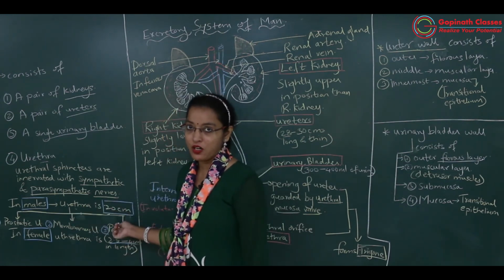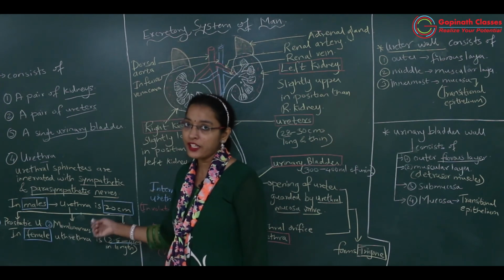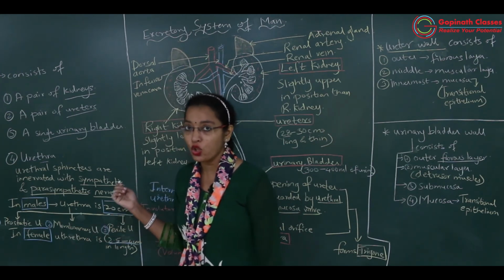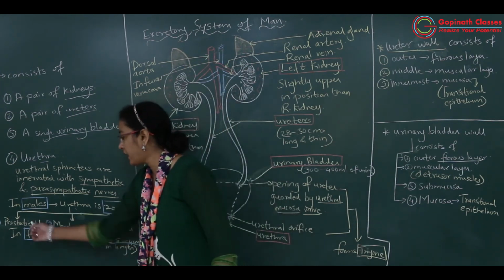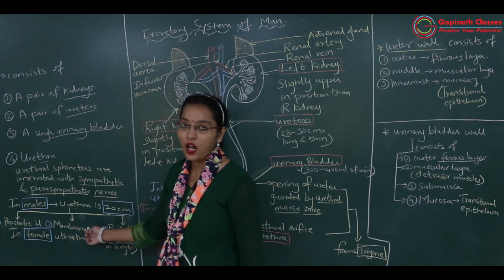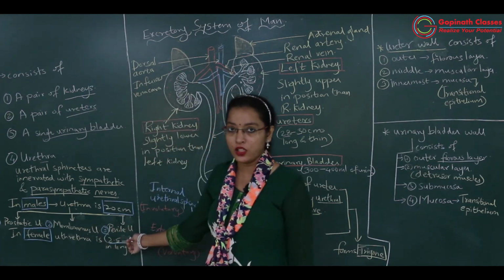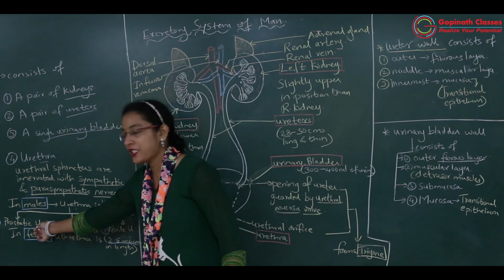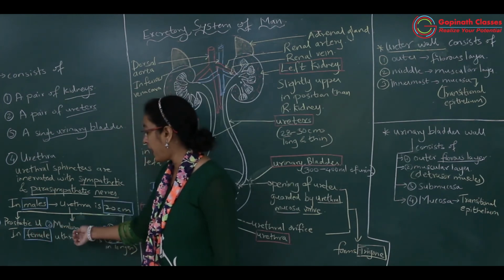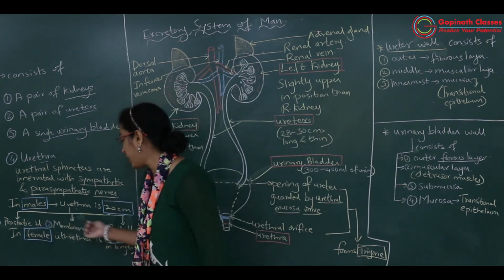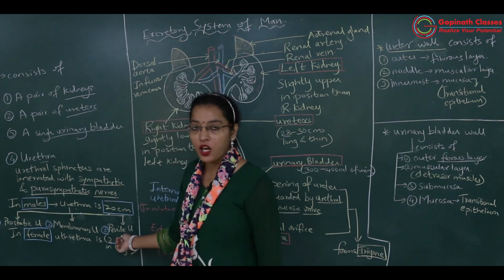20 centimeter, and it is having three regions depending upon its location, that is prostatic urethra, membranous urethra and penile urethra. Prostatic urethra passing through the prostate gland, membranous urethra is between prostatic urethra and penile urethra.